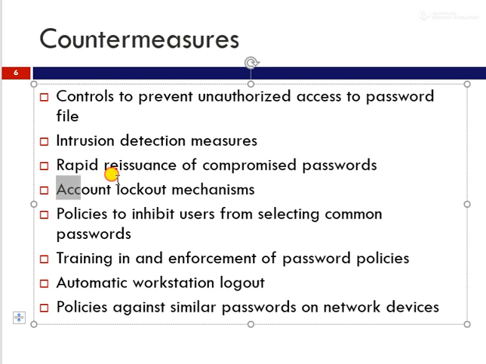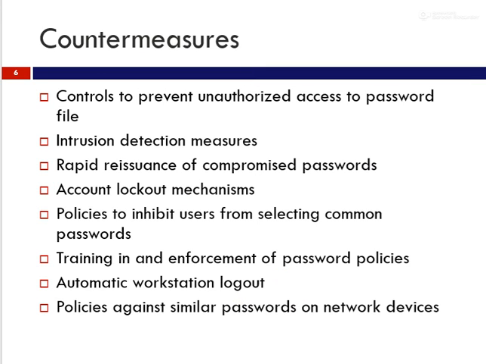Specific account attack is the attack where you are targeting a specific user, like the user ID, and then you try to guess different passwords. So account lockout mechanism can be considered as the possible countermeasure of it, because it will lock out access to the account after a number of failed login attempts.